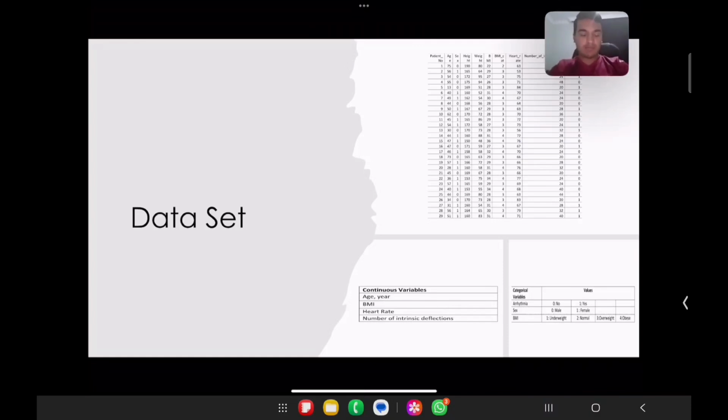So our main work with this data set will be the age, BMI, as you know, body mass index, and heart rate, and finally number of intrinsic deflections about the arrhythmias. We will see these patterns with the absence or presence of arrhythmia.